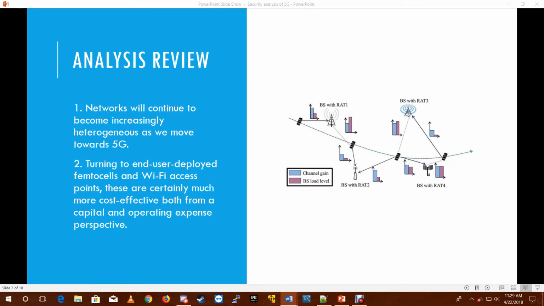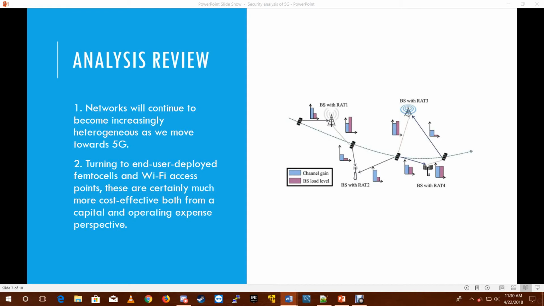The analysis review shows the architecture of 5G, how 5G works, its components and features, and how the features will improve the 5G network, like ultra densification and the multi-RAT network.